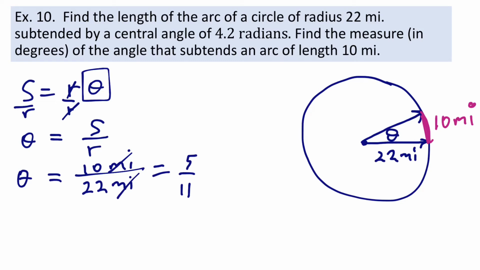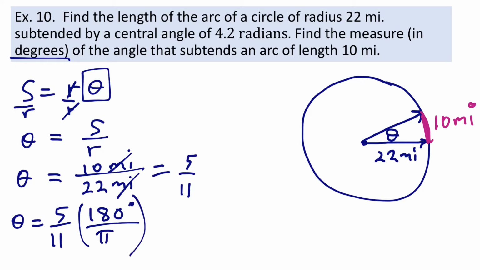All right, so notice that I don't have any units, so that's in radians there. My angle is in radians, but I'm asked for degrees. So now I've got to convert that number. Let's go down here. If I'm in radians and I want to convert to degrees, I want my degrees on top, my radians on the bottom.